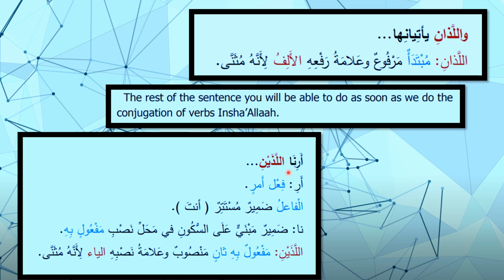And noon is attached as the damir, first person damir, and it's in the position of maf'ulun bihi. So we have our first maf'ul bihi as a damir. The second maf'ul bihi is coming as ism mausool. That's why it's in منصوب case, with سكون. مفعول به ثان منصوب وعلامة نصبه الياء لأنه مثنى.